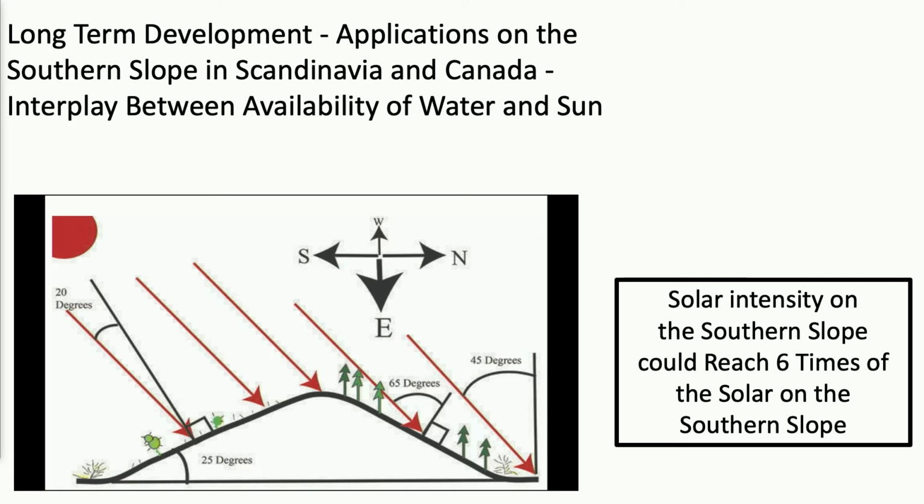The southern slope is illuminated. The solar intensity here could reach 6 times more than the solar intensity on the northern slope. So this would potentially enable growing things in Scandinavia or Canada. I think that right now they're importing from Morocco or Texas.